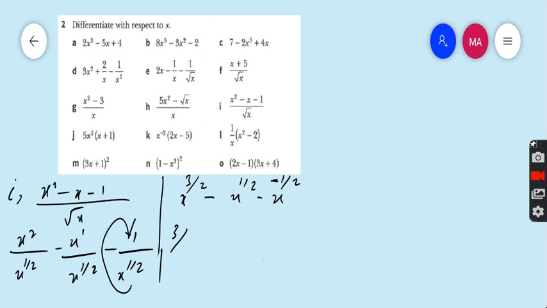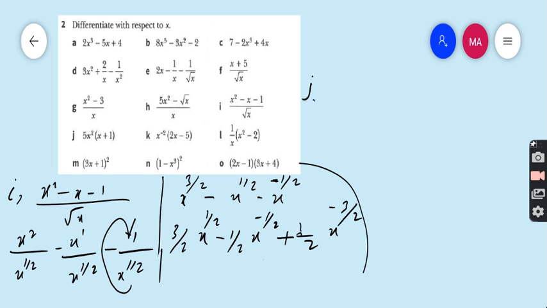So 3 upon 2, 3 upon 2 minus 1 is 1 upon 2, minus 1 upon 2 x to the power minus 1 upon 2, minus minus plus 1 upon 2 x to the power minus 1 upon 2 minus 1 is minus 3 upon 2. So the final answer is 3 upon 2 x to the power half, minus 1 upon 2 x to the power minus half, plus 1 upon 2 x to the power minus 3 upon 2. 100% correct.